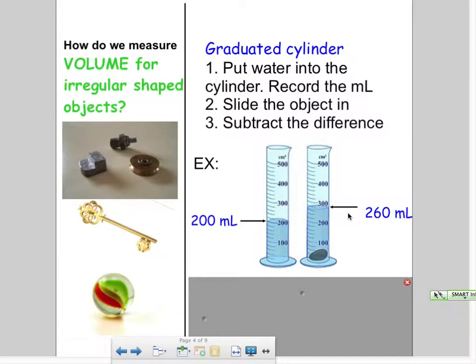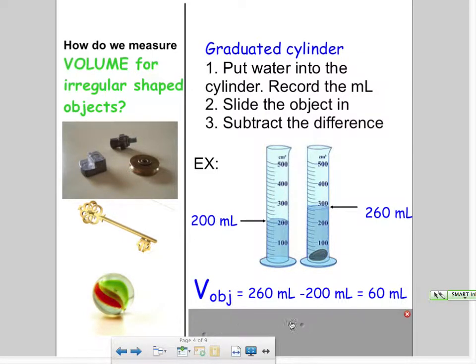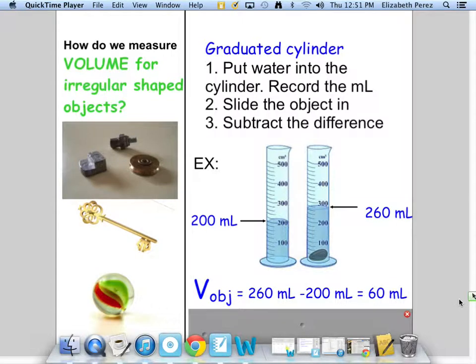So 260. So if you take 260 and you subtract 200, you should have 60. And because we did this in liquid, our measurement will be in milliliters. Pretty easy. Let's try one more.